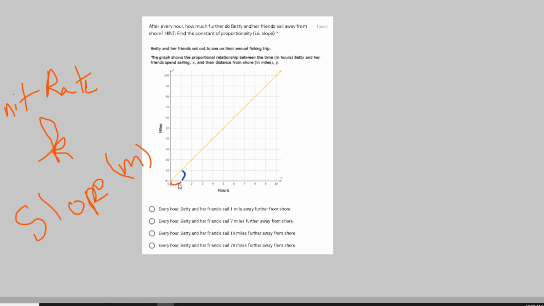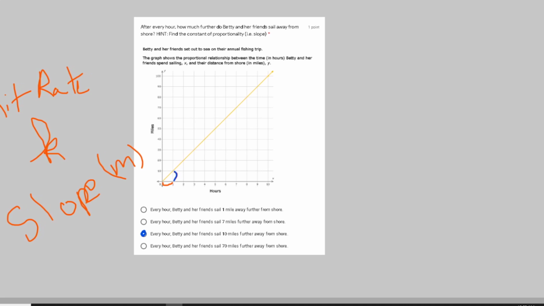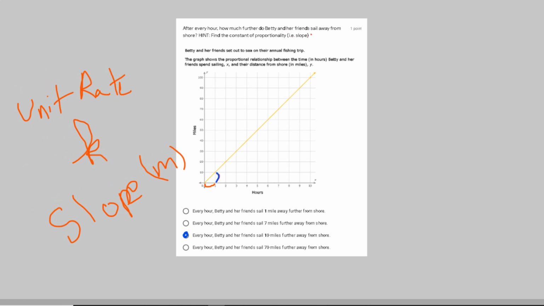So this means after 1 hour, Betty and her friends moved 10 miles further away from shore. So the correct answer should be this one. If you did this one early, just make sure that you do understand that.